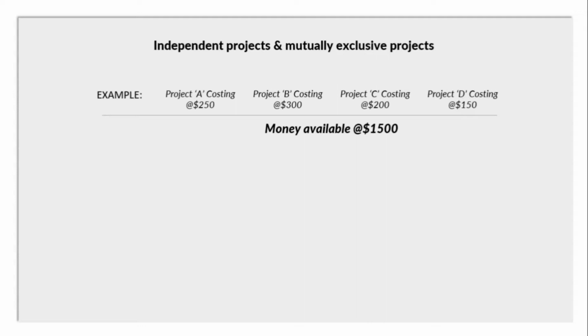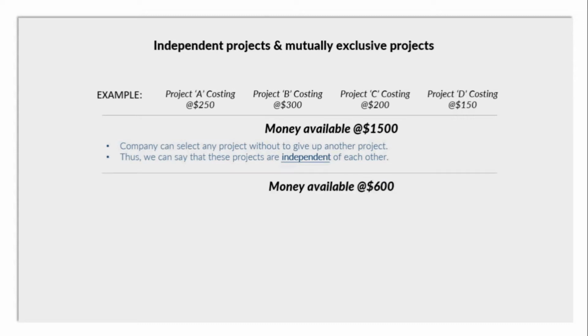That is, the company has an ample amount of money to accept all the projects or to reject any of them without depending on another project. So the company can select any project without having to give up another project, and thus we can say these projects are independent of each other.